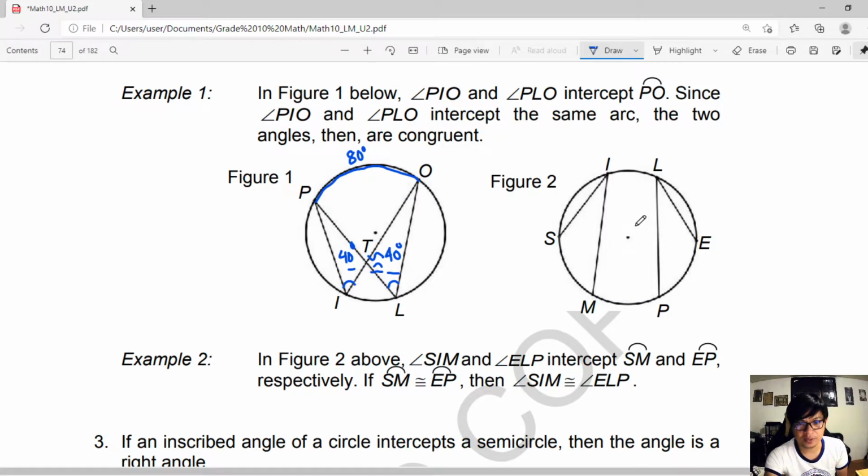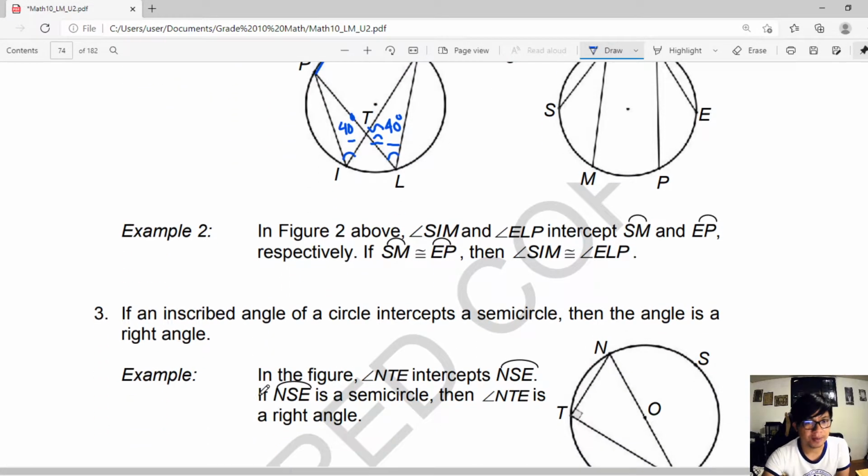Same also with this one. No? So they are congruent. So in figure 2 above, angle SIM and angle ELP intercept at arc SM and arc EP respectively. If arc SM is congruent to arc EP, then angle SIM is congruent also to ELP. So, yun yung sinasabi sa theorem number 2.